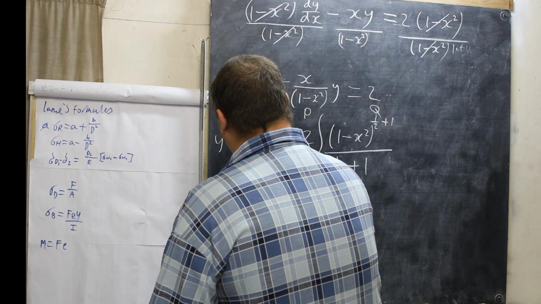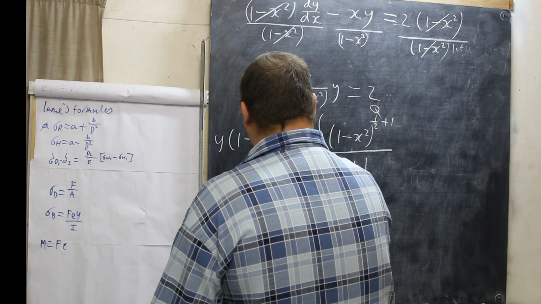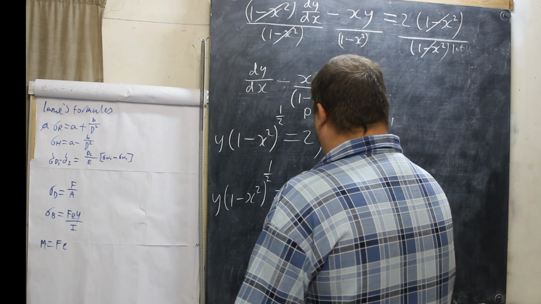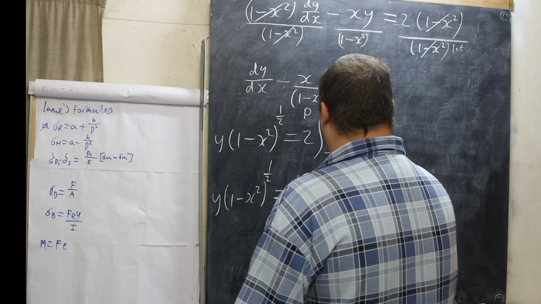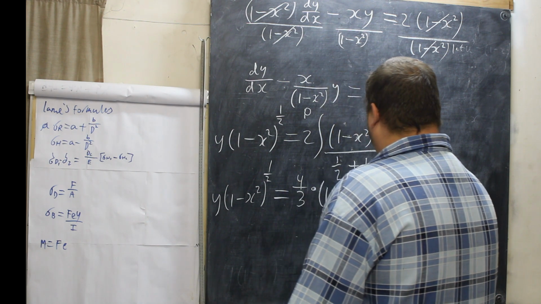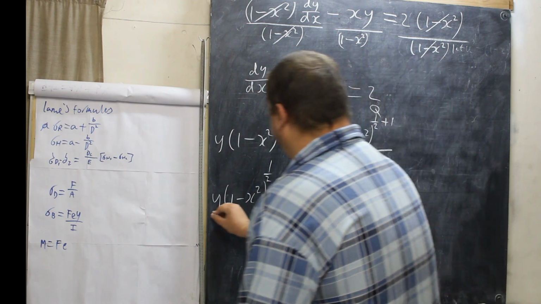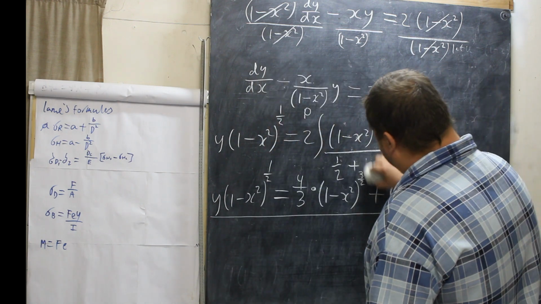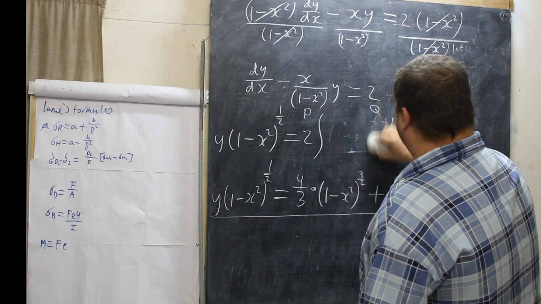So y times 1 minus x squared to the power of a half equals 4 over 3 multiplied by 1 minus x squared to the 3 over 2 plus c. And that is our final answer.